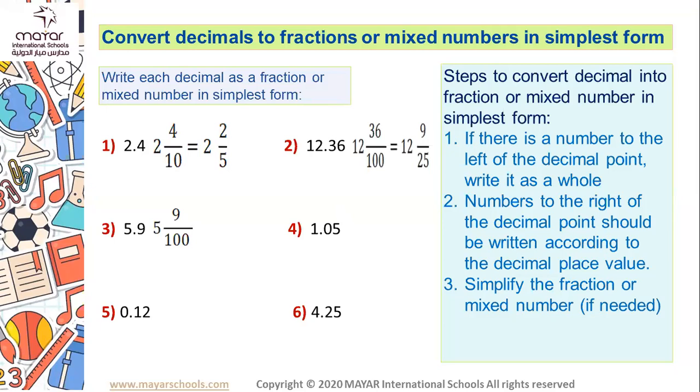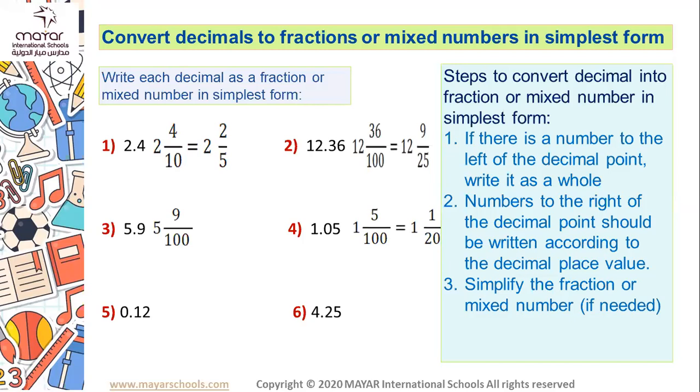Okay. So is 1 and 5 out of 100 simplest form? No. We can. It will be 1 and 1 out of 20. Yes.